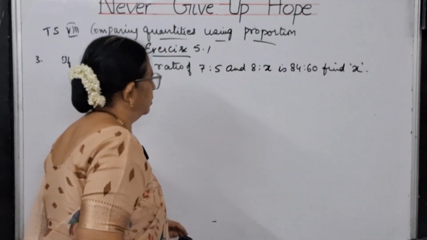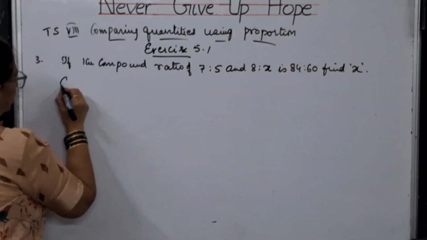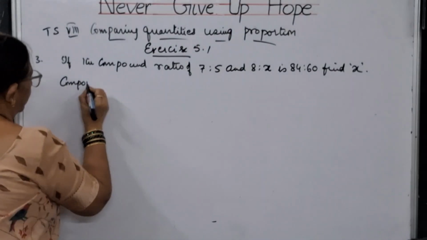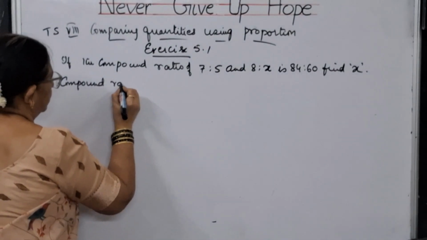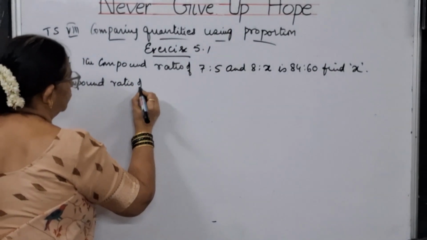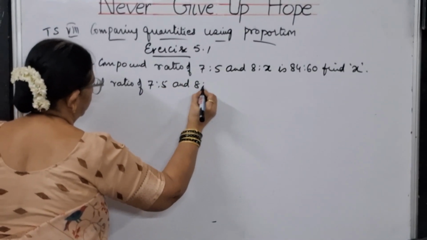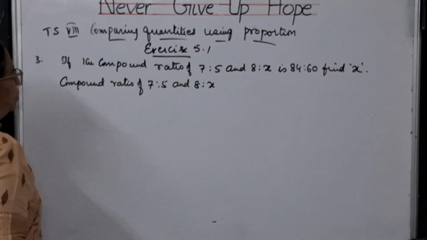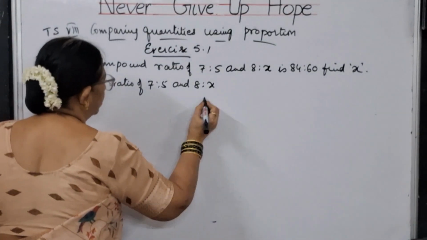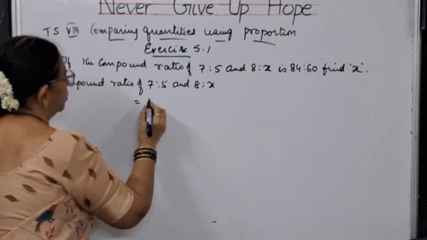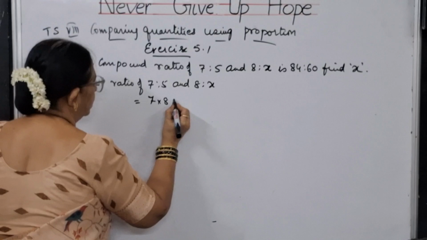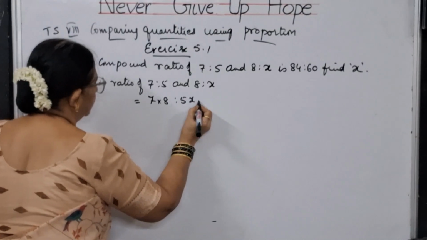This is the question. Now, what is given? Compound ratio of 7 is to 5 and 8 is to x. So compound ratio, how will you write this? This is equal to 7 into 8 is to 5 into x.